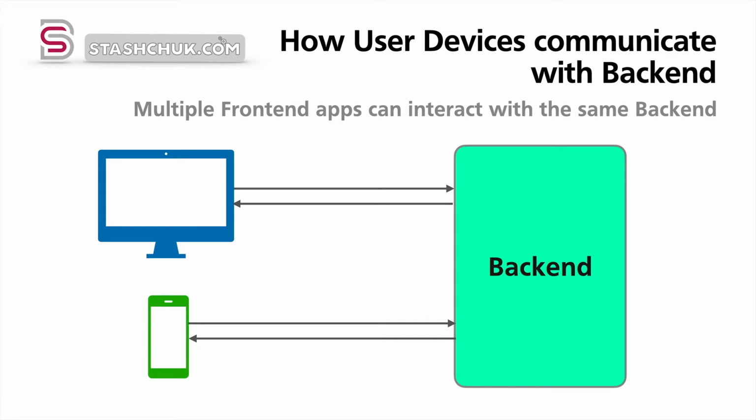But this backend could be spread across the globe, and different servers could serve different clients depending on their location in the world. But backend applications which are running on those copies of the backend servers are usually the same. This means that there is no need to create separate backend applications for mobile phones and desktop computers.